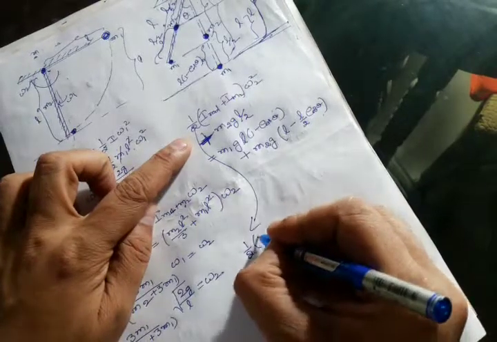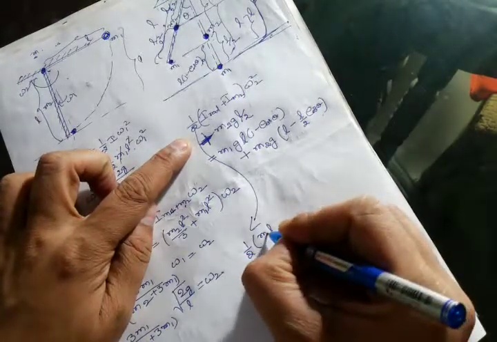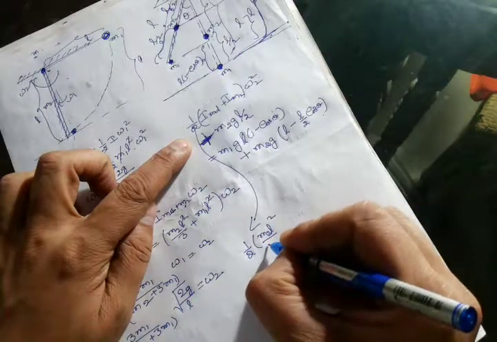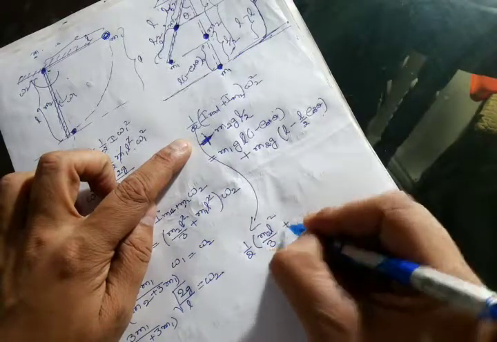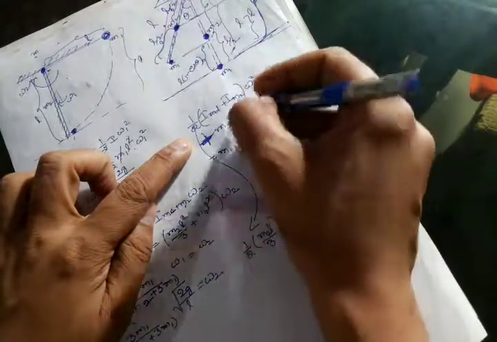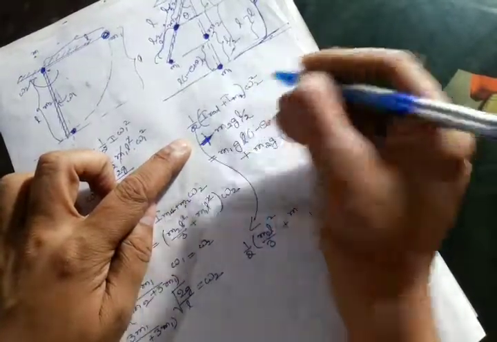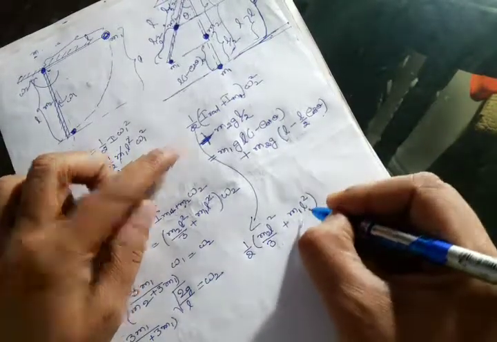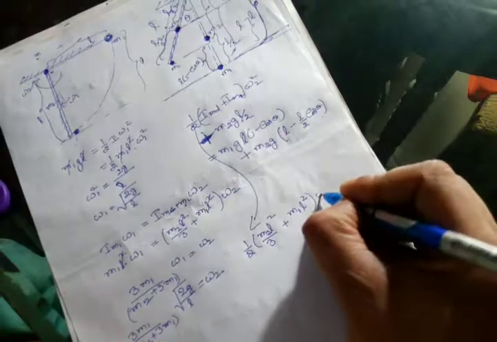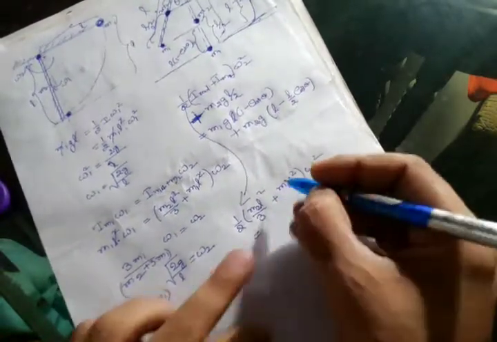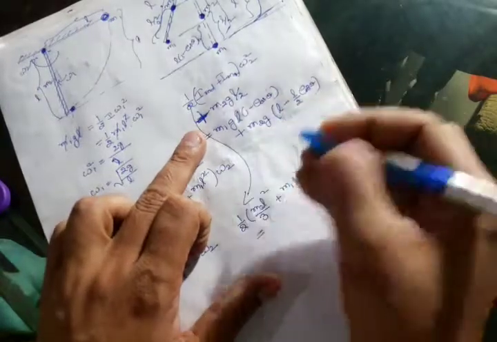So for the rod it was m2 L square over 3, plus for m1, m1 L square, and omega 2 square we can substitute from here, and I am putting it here.